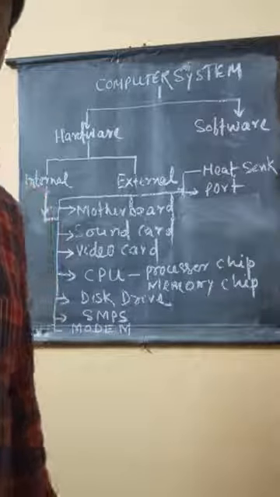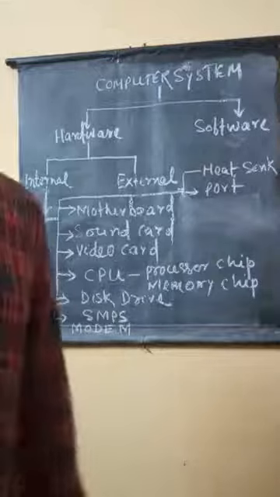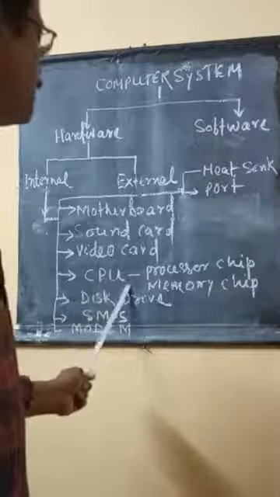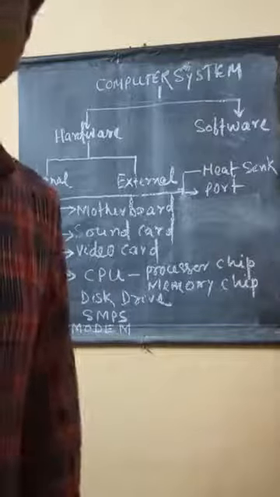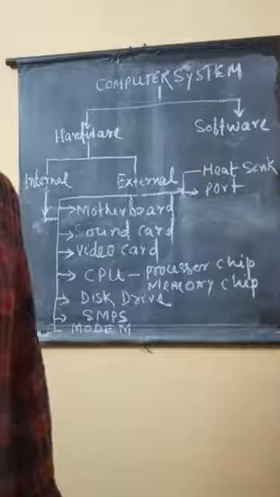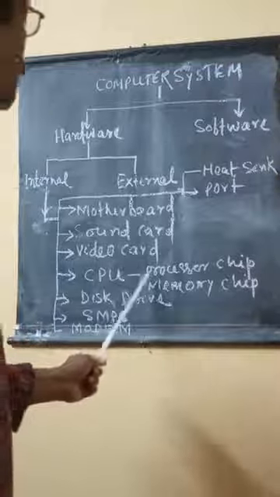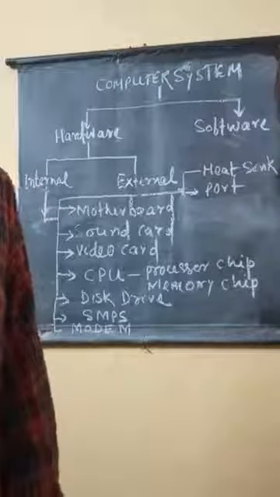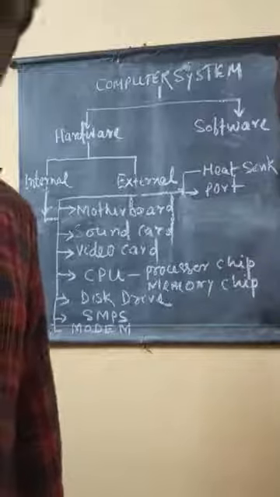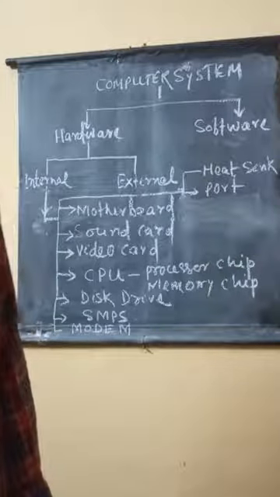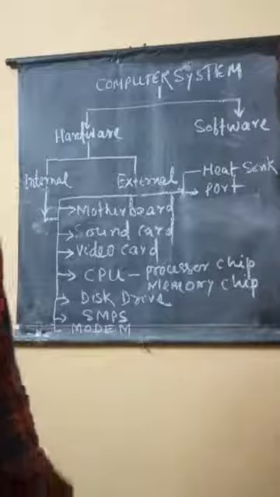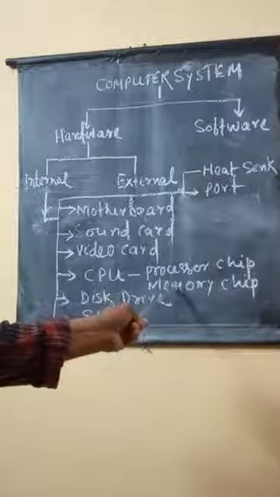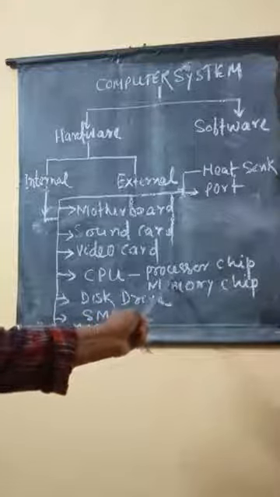Then the next point is the CPU. CPU means Central Processing Unit, and this Central Processing Unit consists of two basic electronic components, the processor chip and the memory chip. The memory chip is where you can store something, a small powerful component, and the processor is also called the microprocessor chip.